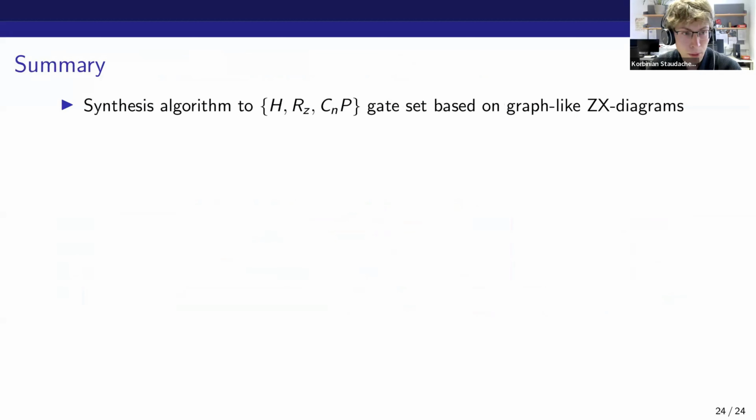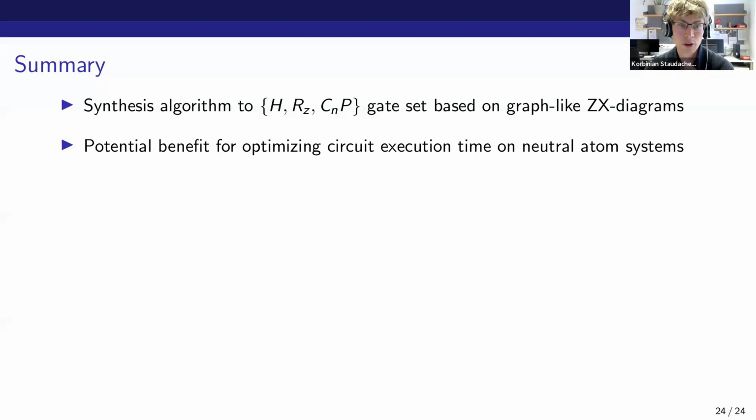So to sum up, we have this algorithm, which is based on graph-like ZX diagrams, to synthesize any quantum circuit to this gate set, like Hadamard, RZ, and controlled phase gates. And if we then further decompose the Hadamards to global rotations, we have shown that we can get some potential benefit for optimizing circuit execution time on neutral atom hardware.